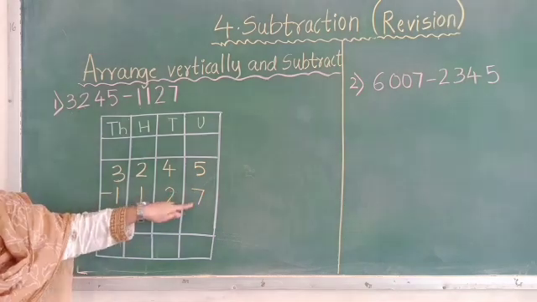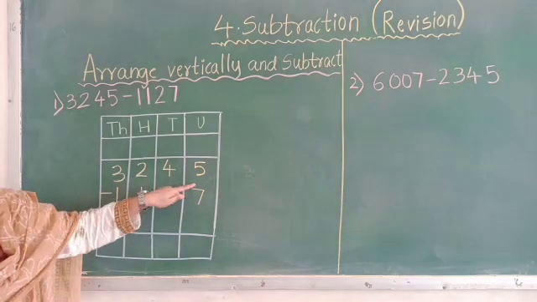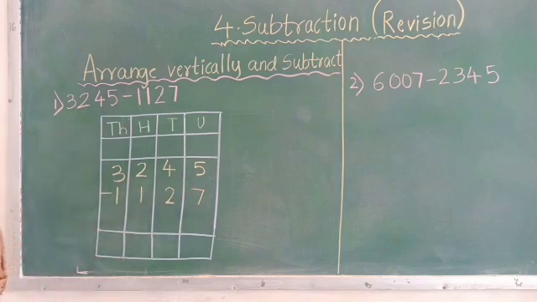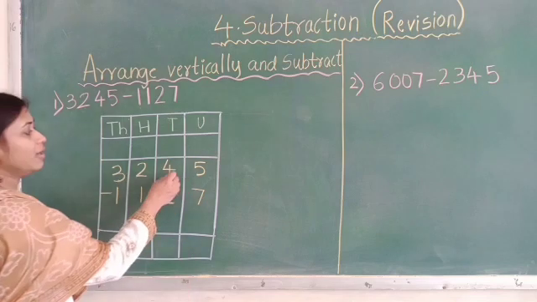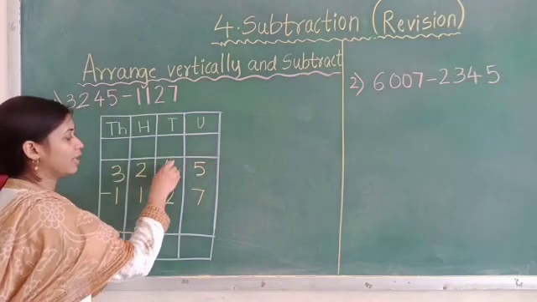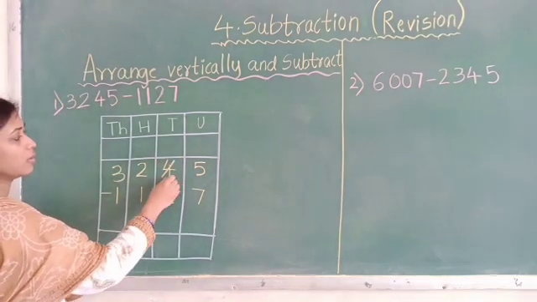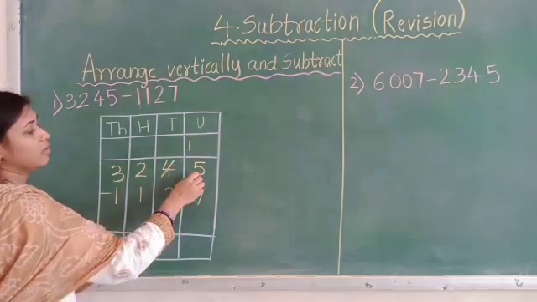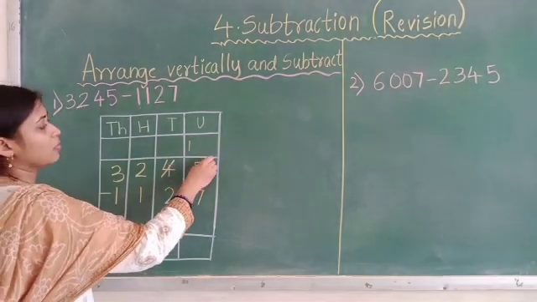Can we subtract 7 from 5? No, because 5 is a smaller number. So what will we do? We will take 1 ten from 4.